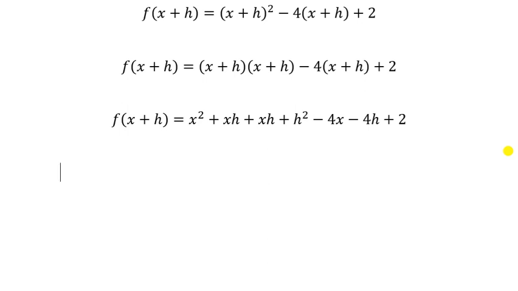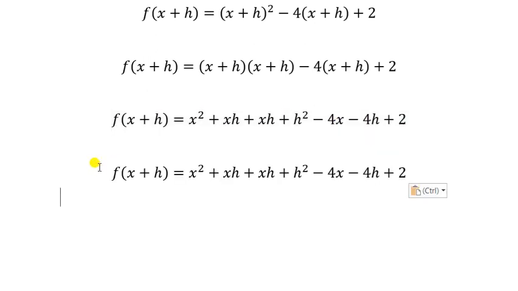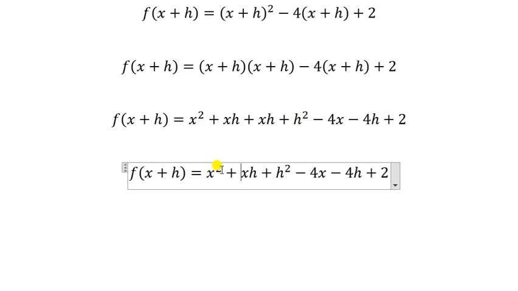Okay, so here we have this. We can further simplify this by adding this xh plus xh since they are like terms. So let's just copy this function, and we have xh plus xh equals 2xh. Now, we cannot further simplify this, so we will leave this function like this.